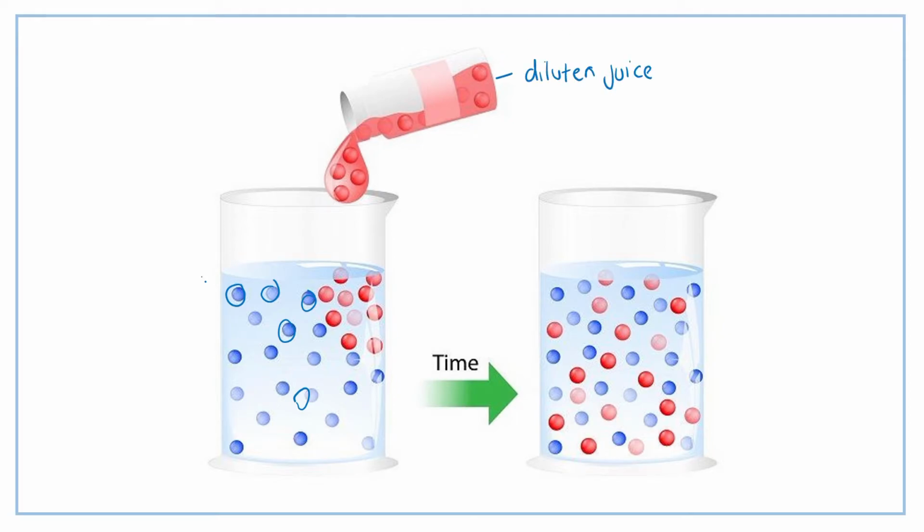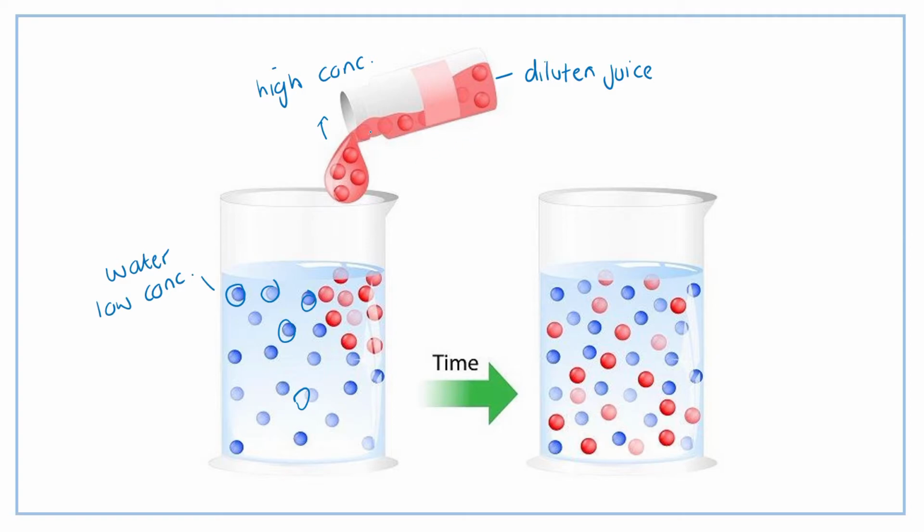Water and diluting juice. Now, just like when you're pouring yourself a glass of diluting juice, you start off with a lot of water and then a small amount of concentrated diluting juice. So this is high concentration. And then this is low concentration.